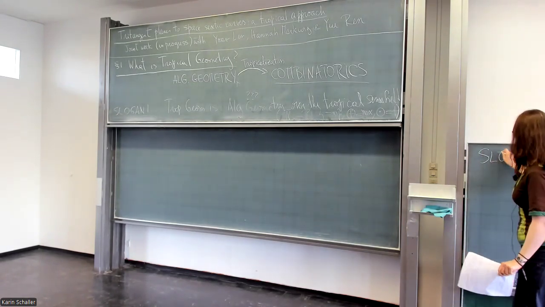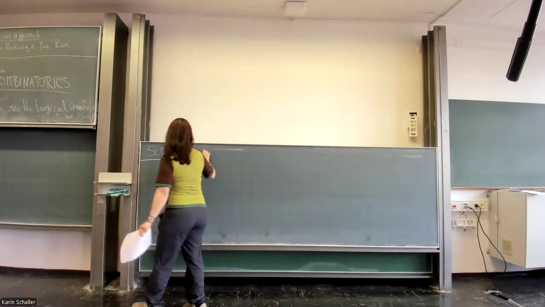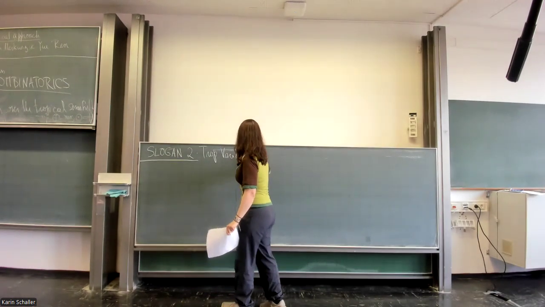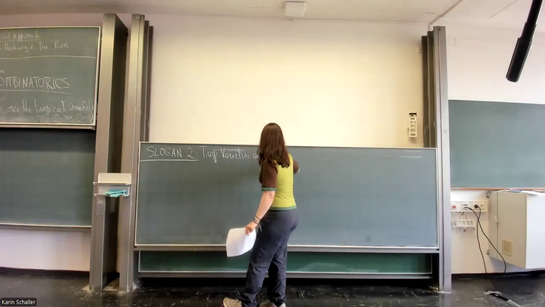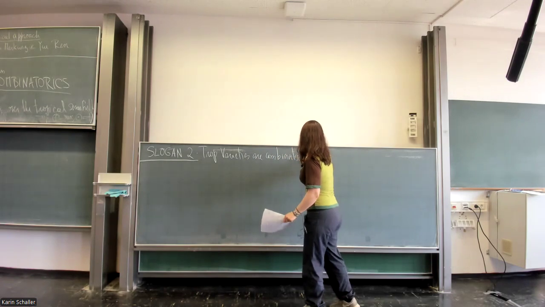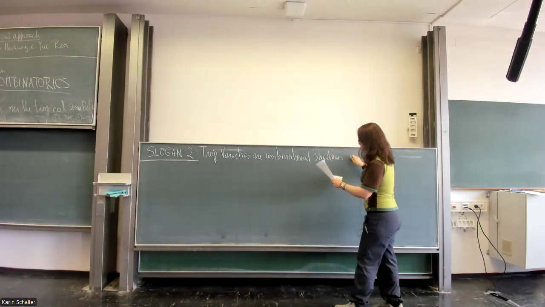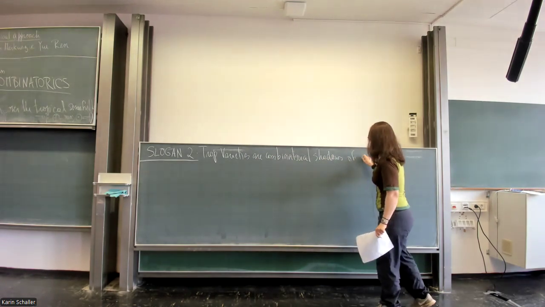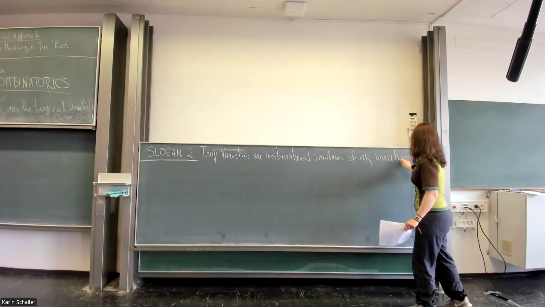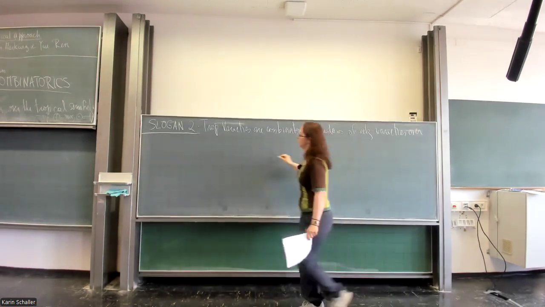My slogan 2 will be: tropical varieties are combinatorial shadows of algebraic varieties over valued fields.